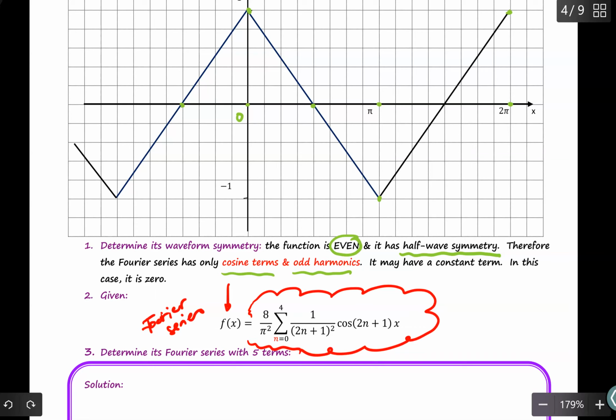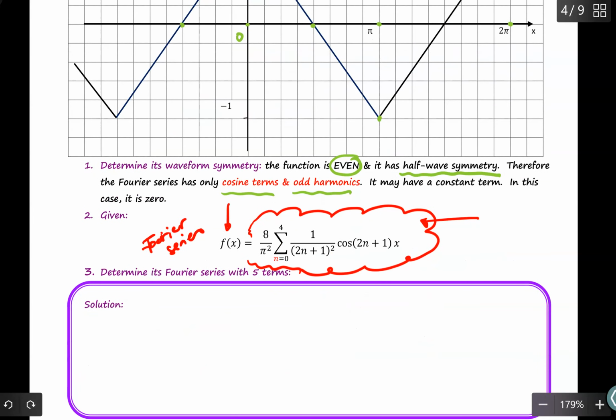All I have to do is expand this summation and give the expanded version of this Fourier series. I don't have to do any integration at this point. It's already given to me, and all I have to do is write 5 terms. So let's get started.